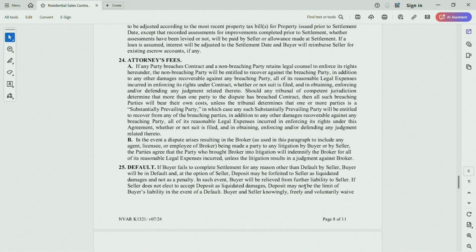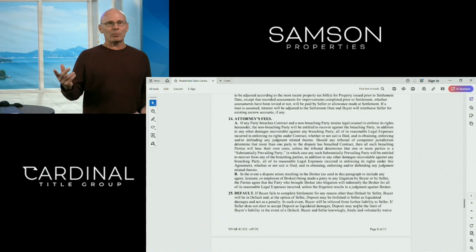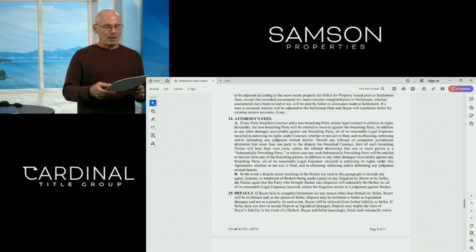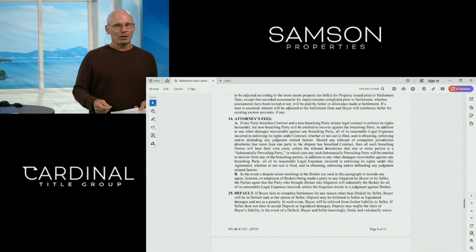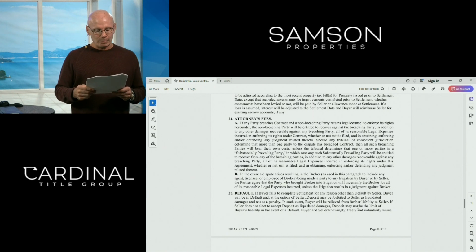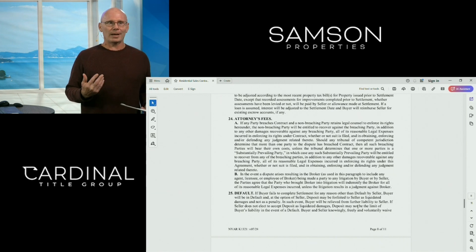If you're in the wrong, then you may have to pay for your own attorney's fees and whatever it is that they're coming after you for. So our contract provides a provision for reimbursement of attorney's fees, which is a nice thing for our clients, right? But just make sure that they're aware of that. We're not attorneys, right? Unless you are an attorney, then that's different. So we do have real estate agents here that are attorneys as well. So they could say they're an attorney, but I can't.